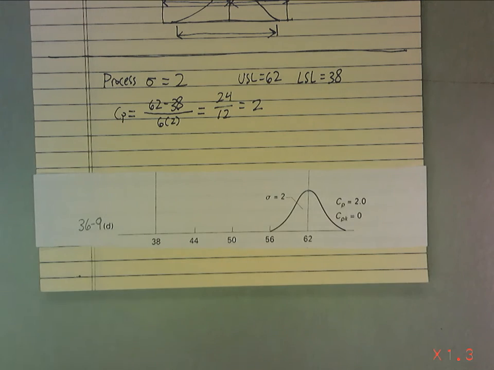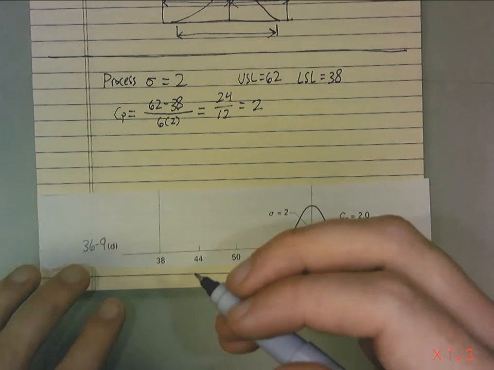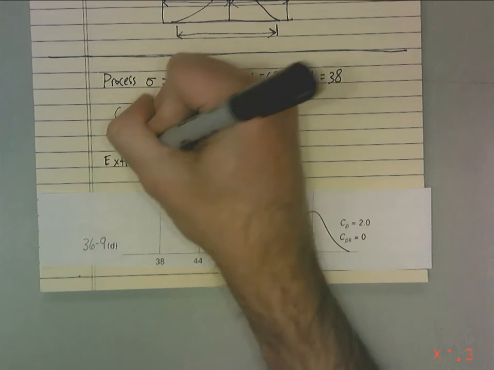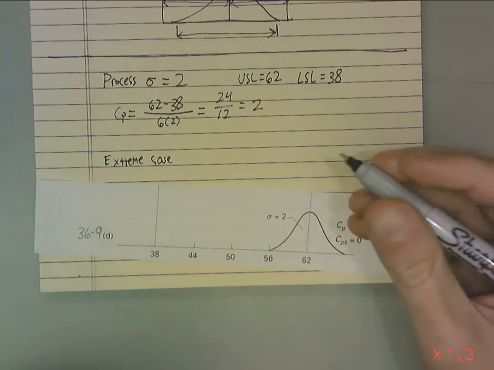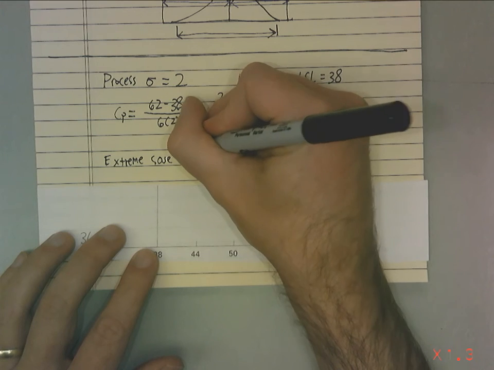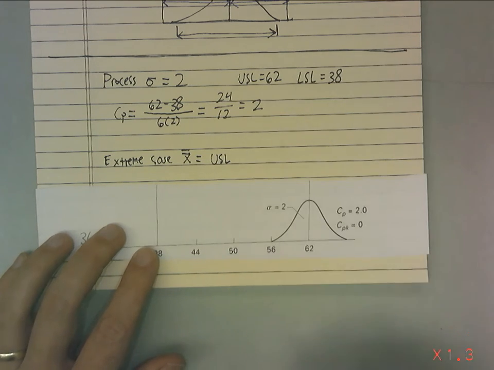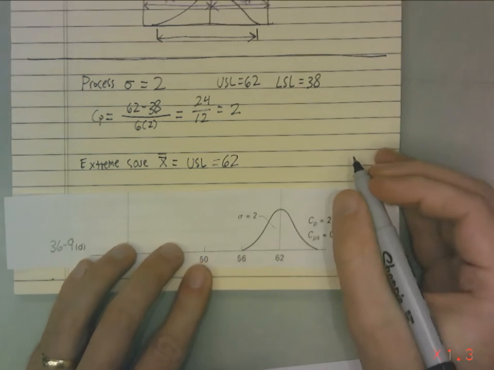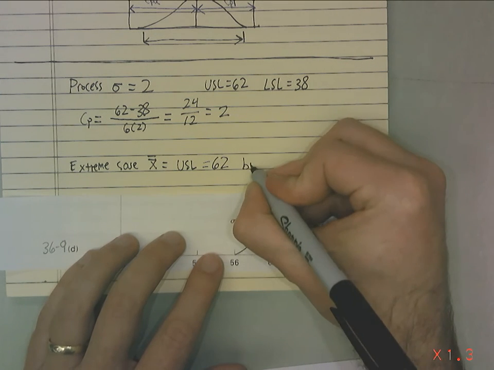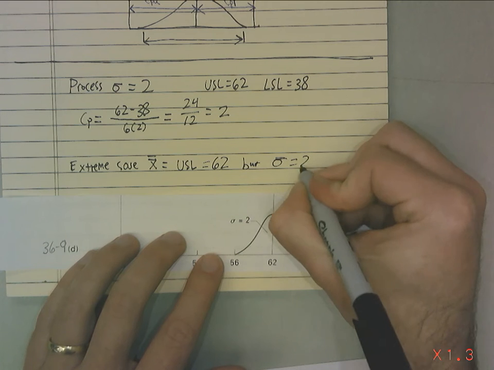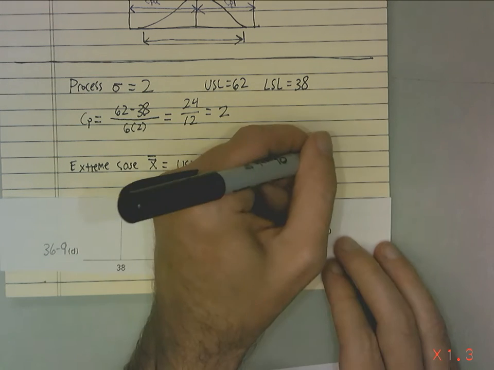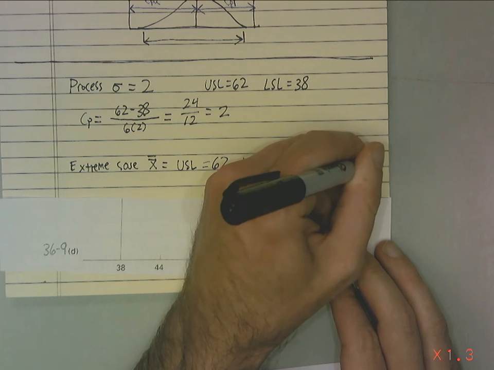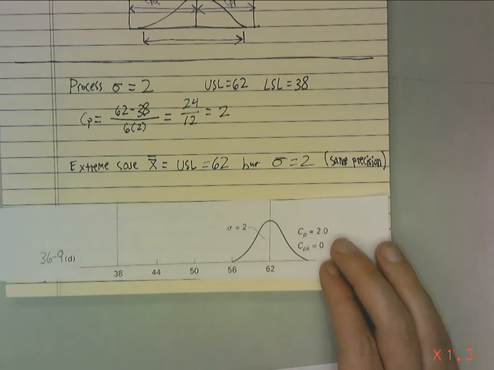Let's go to the extreme case where our x double bar equals our upper specification limit, and they both equal 62, but sigma still equals 2. Same precision.